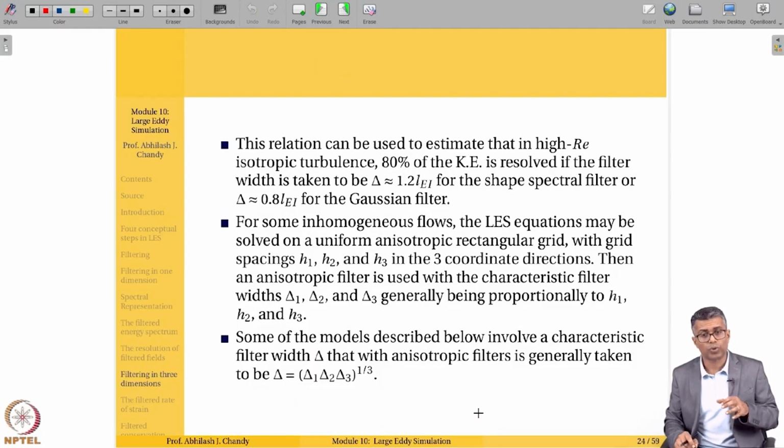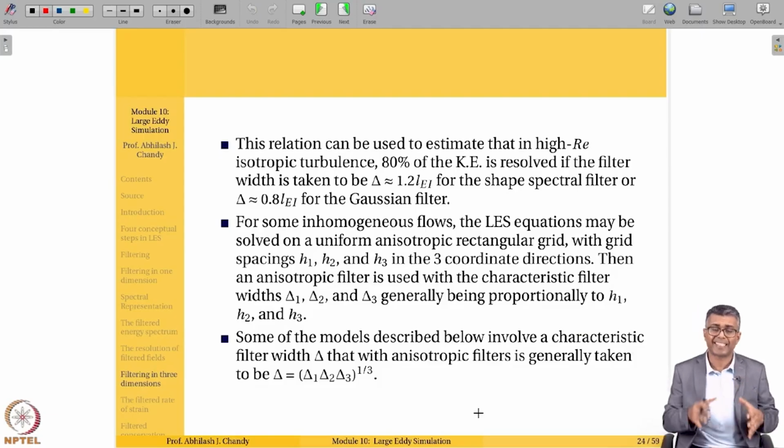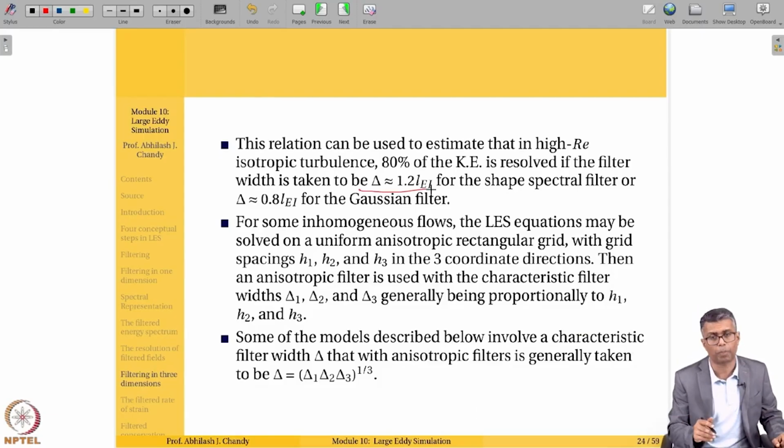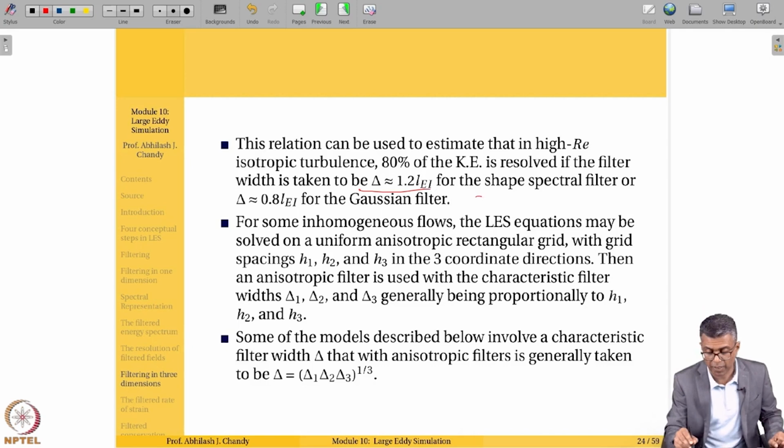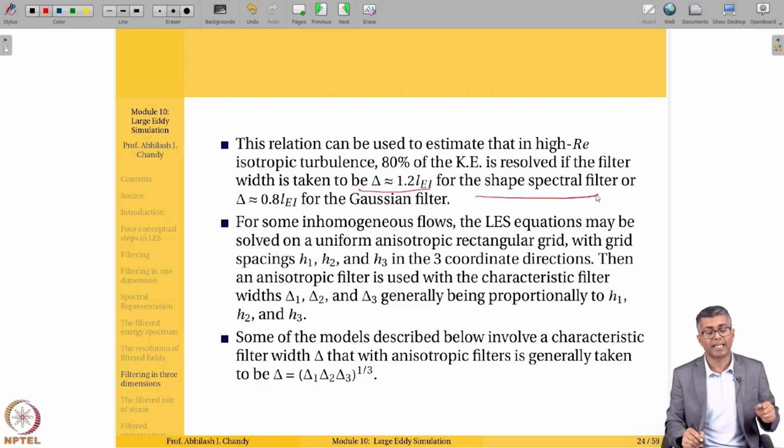So if you use that, you will realize that 80% of the kinetic energy is resolved if the width is taken to be 1.2 LEI, so slightly larger than LEI. You will resolve 80% of the energy for a sharp spectral filter, and for delta equal to 0.8 LEI for a Gaussian filter.